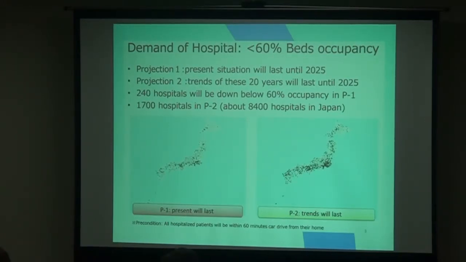But the truth was that about 80% of beds are filled with patients. Our estimate was more than 90%, so there has been some change in people's tendency toward hospitalization.